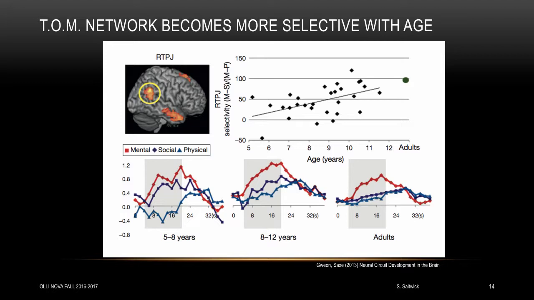The main thing we see, the most significant effect, is that over time, this area of the brain, the TPJ area, the theory of mind network, gets more selective with age. As that brain grows up, it becomes more and more focused on the mental aspect of the stories.